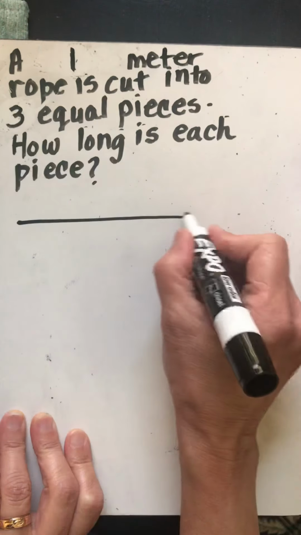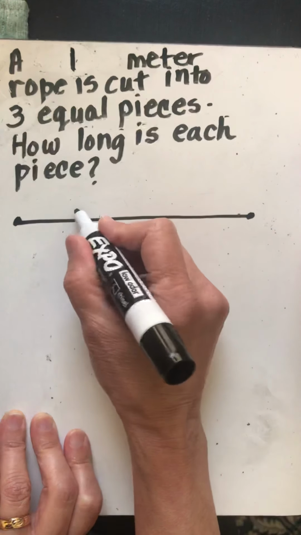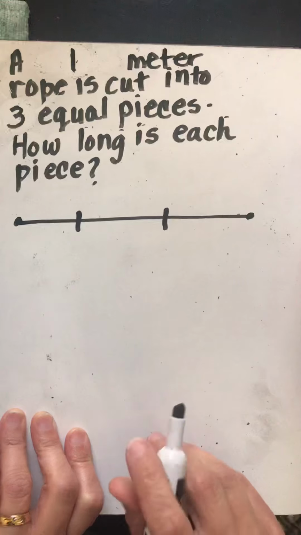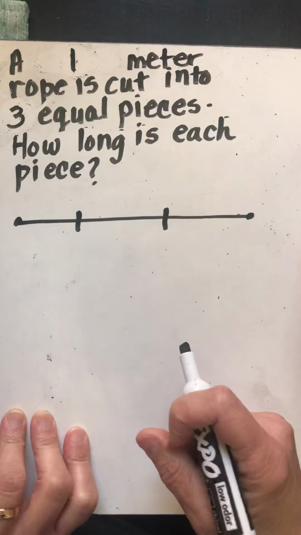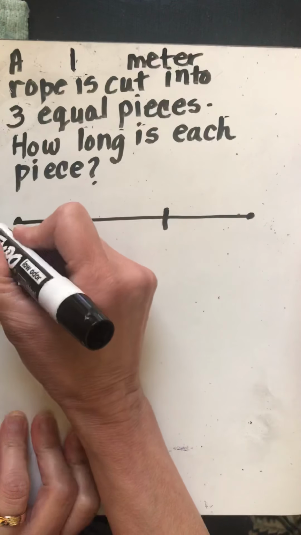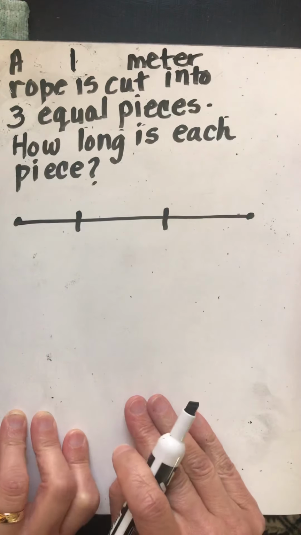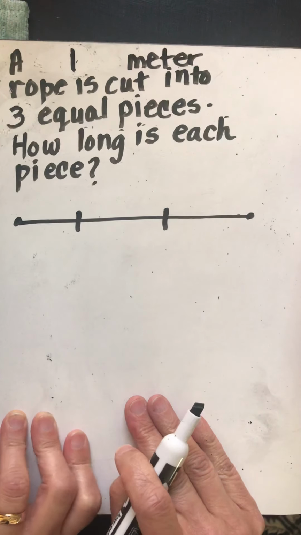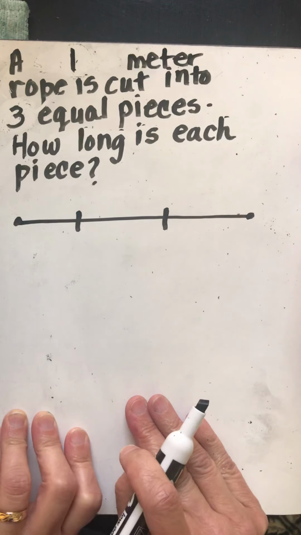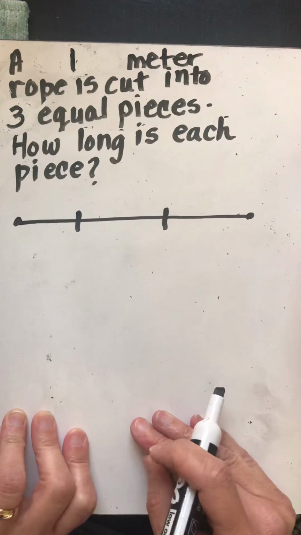I'm just going to draw it like that, and again, I'm going to mark off sort of equal spots there. Okay, so let's just say that this 1-meter rope is divided into 3 pieces. What number sentence can we use to show that? What number model can we use?